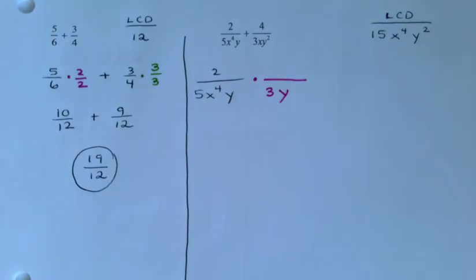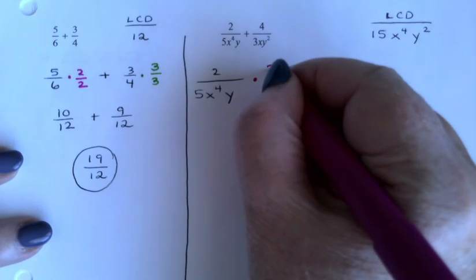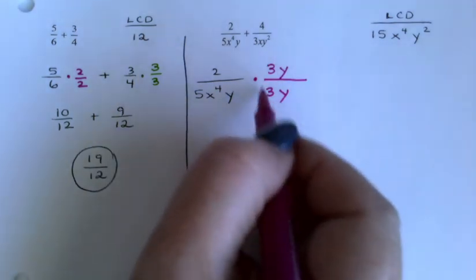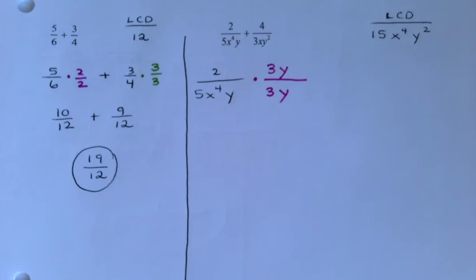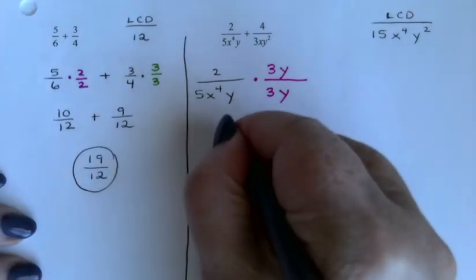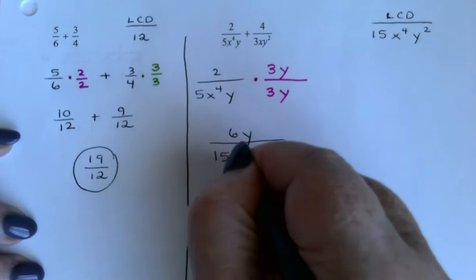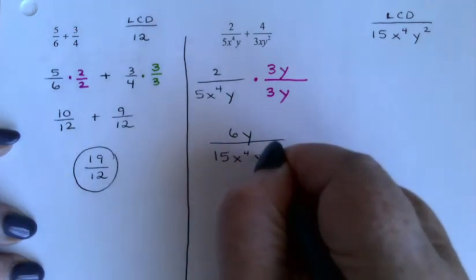So I'm going to multiply by 3y in order to create the LCD. Now I always have to multiply by a form of 1, so I better also multiply the 3y on top. 3y over 3y is just a fancy way of saying 1, right? So that first fraction becomes 6y over 15x to the 4th y squared.